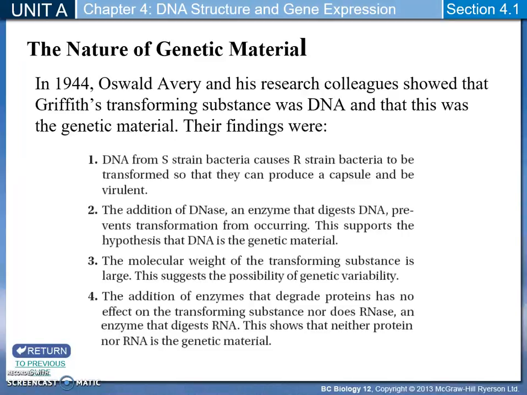The addition of enzymes that degrade proteins has no effect on the transforming substance, nor does RNase, which is an enzyme that digests RNA. So this shows that neither protein nor RNA is the genetic material. It was thought that maybe it was the protein capsid on the virus that might have been the genetic material, but this then would indicate that would not be the case.